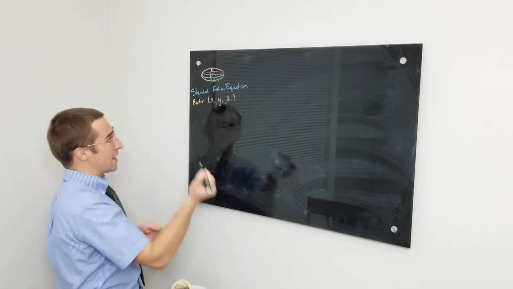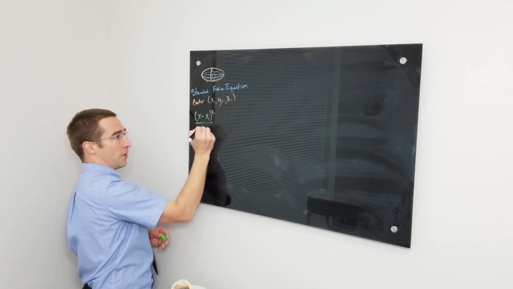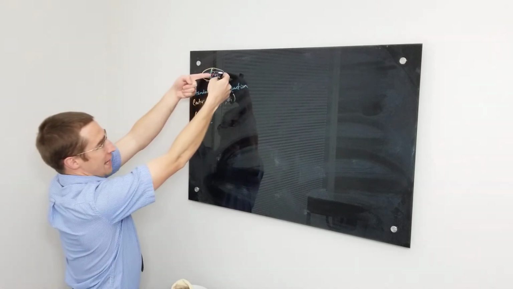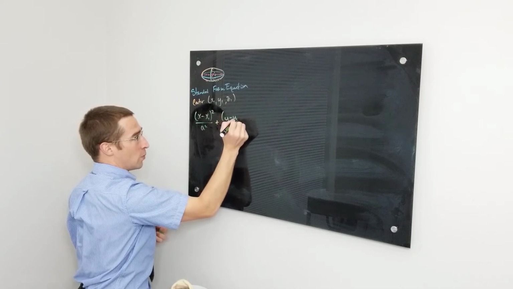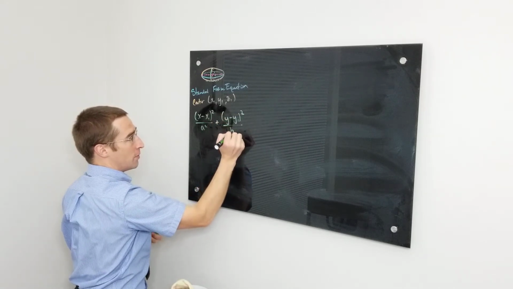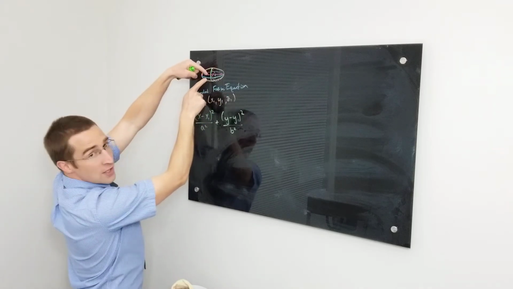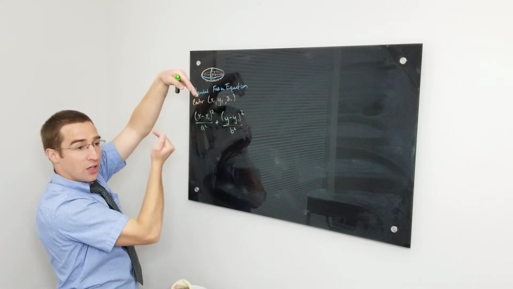So the standard form equation is (x minus x sub 1) squared over a squared, where a in this case would be like this length right here, plus (y minus y sub 1) squared over b squared, where b would be this length right here, from the center in the y direction to the edge of the ellipse.